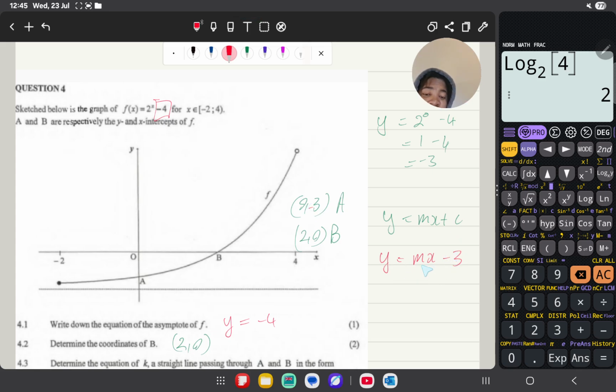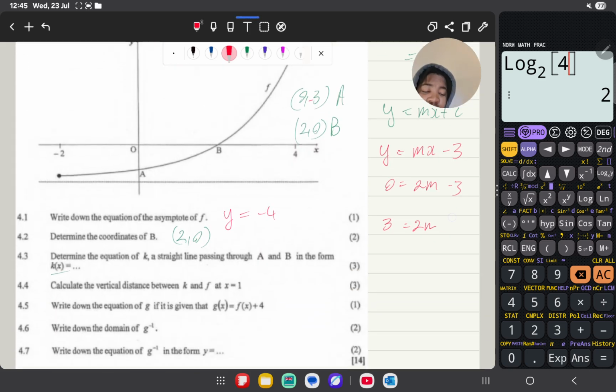Then you substitute any other point to find the value of m. So we're going to substitute b, right? So y is 0. You have 2m minus 3. Then you have 3 equals 2m, and then m equals 3 over 2, right?